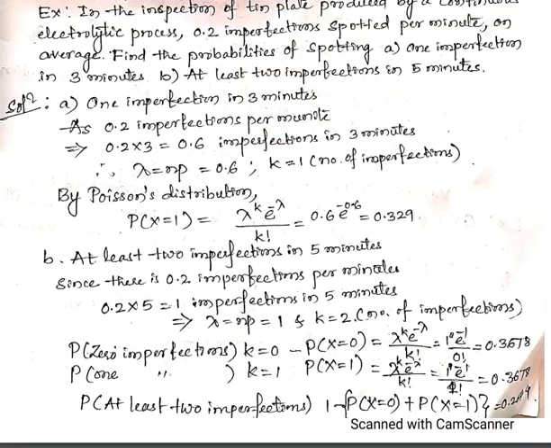So let's substitute. We need to find the probability of having at least 2 imperfections. So we find the probability of 0 imperfections, means when k is equal to 0.